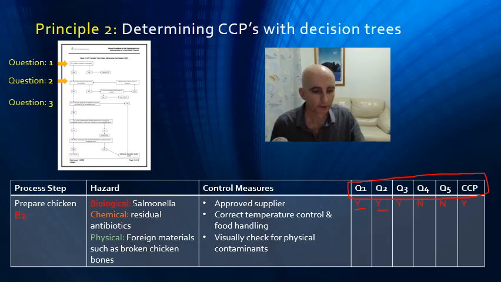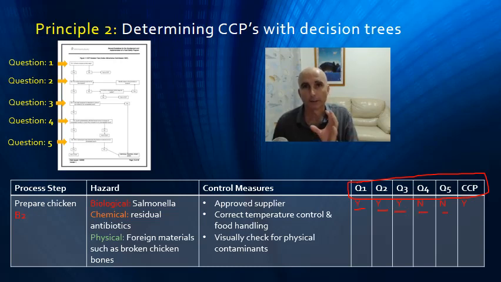Next, question 3: is there a step designed to eliminate or reduce the hazard? At this point I say no, and that will take me through to the next 2 questions. When you actually do this in class, you'll see that for those last 2 questions the answer for me is no. You need 3 or more yeses, and that establishes the critical control point.